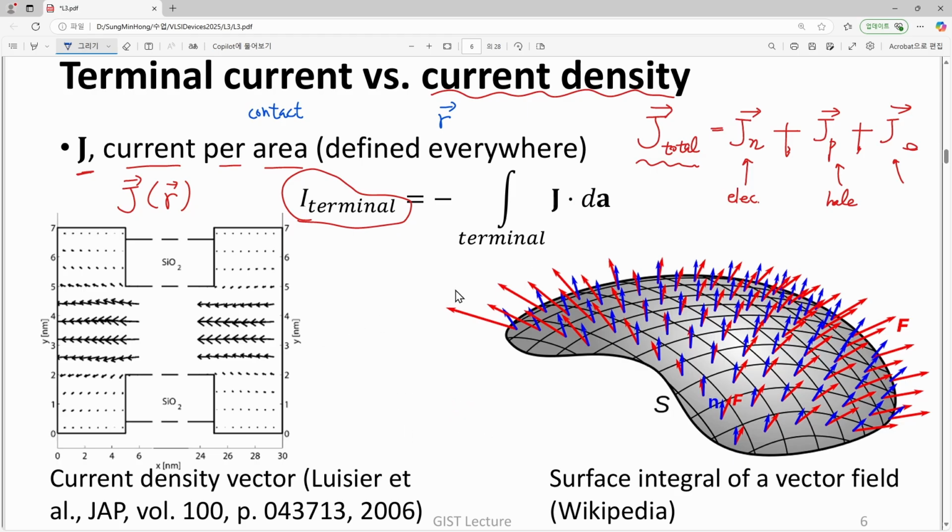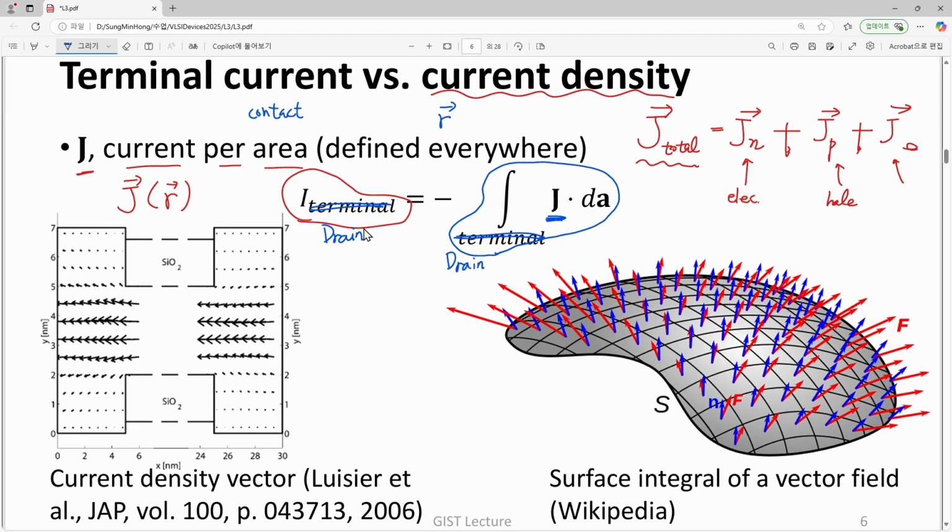So although J is defined everywhere, this J is integrated only over a certain terminal. For example, if we consider drain current, then we just integrate the J vector over the drain contact, and we will get the drain current. If we do it for the source contact, then we will get the source current.